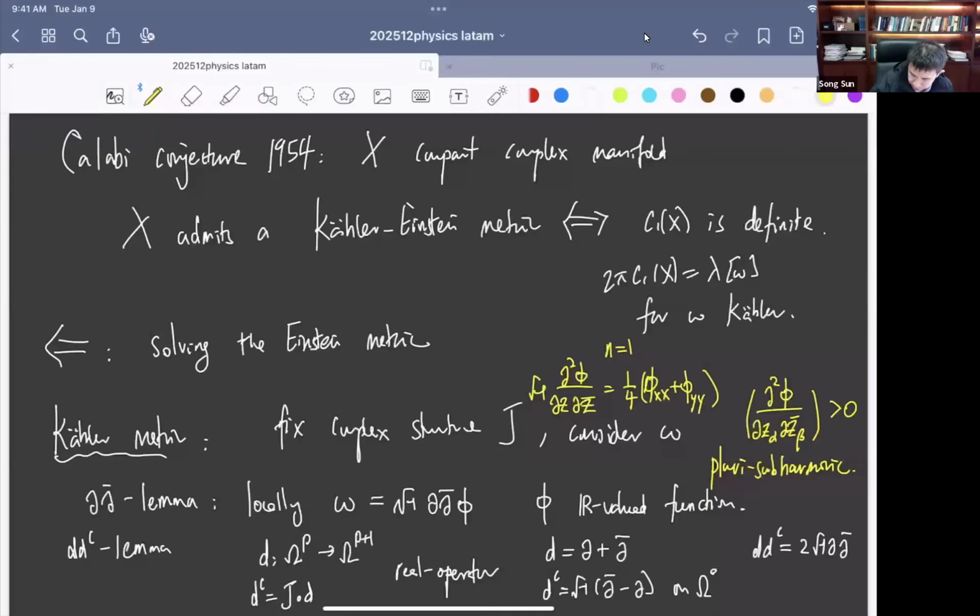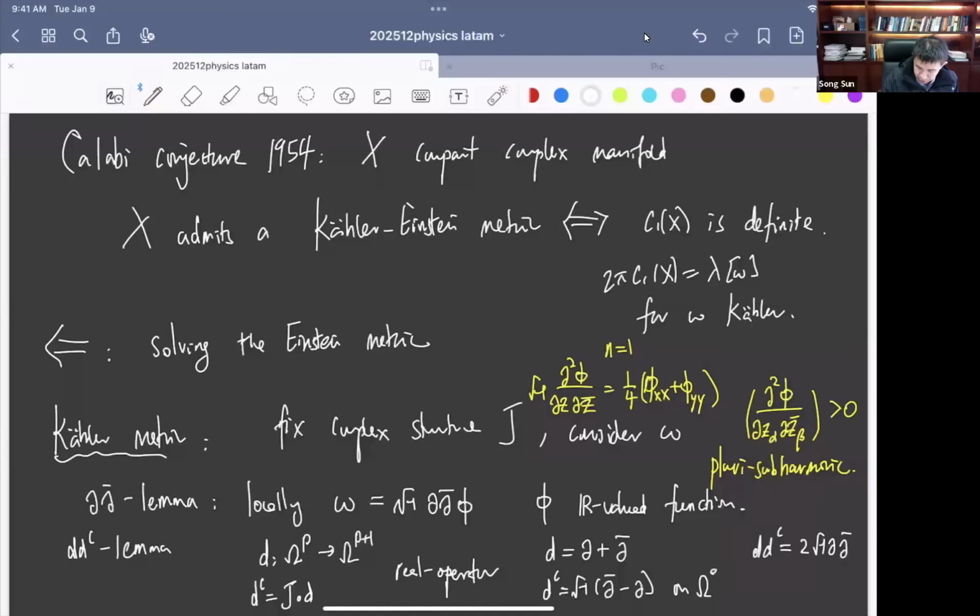If this is positive, it's called a subharmonic function. Now this is a higher dimensional generalization, so pluri-subharmonic functions are an extremely important class of functions studied in several complex variables.